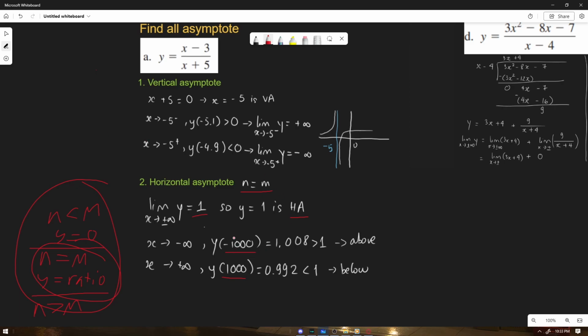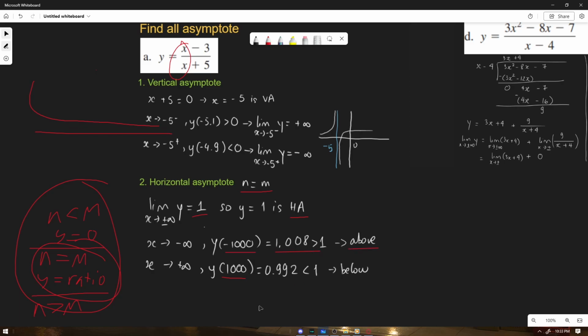When you sub in the x, negative 1,000 or 1,000, this will give you a number that's higher than your ratio. You're going to be comparing it to the ratio, not to 0 like in the vertical case. When you compare it to the ratio and it's bigger, then it will be above the horizontal asymptote, meaning it's going to be like this.